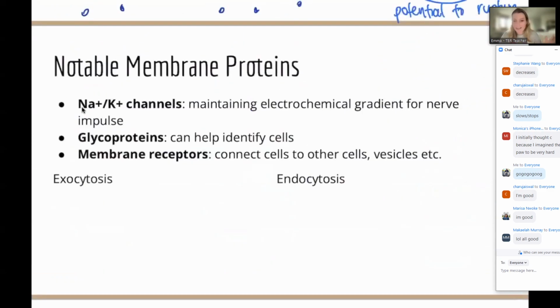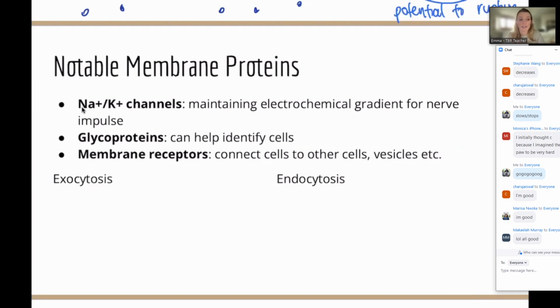So when we think of some really important proteins that are going to be game players, we talked about the sodium potassium pumps. We're obviously going to see more of these on cell membranes of nerve cells than what we're going to see on a bone cell or a kidney cell. So it's important to remember that the structure of my plasma membrane is going to reflect the function of my cell.